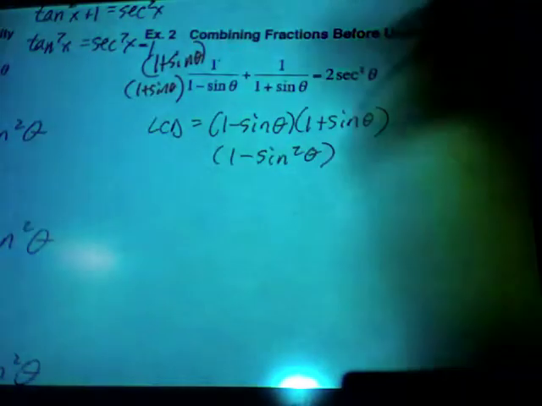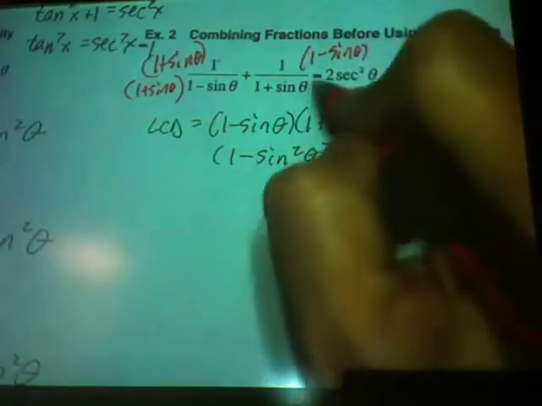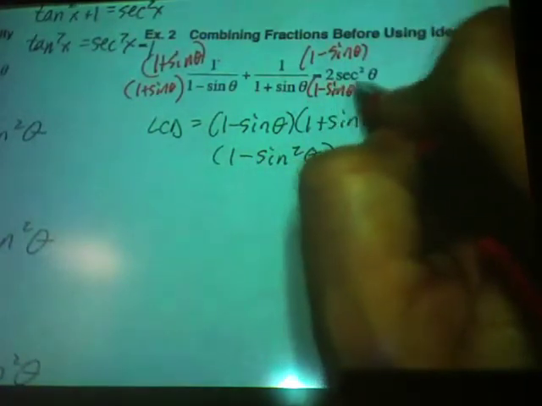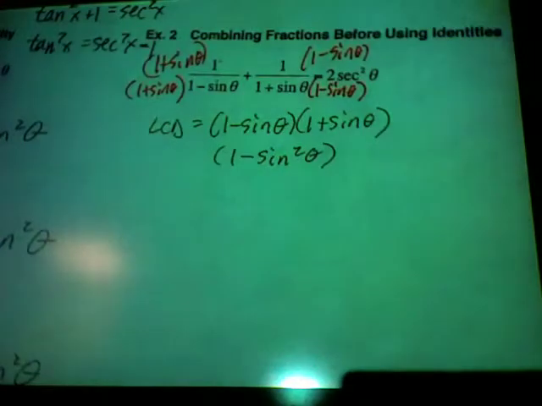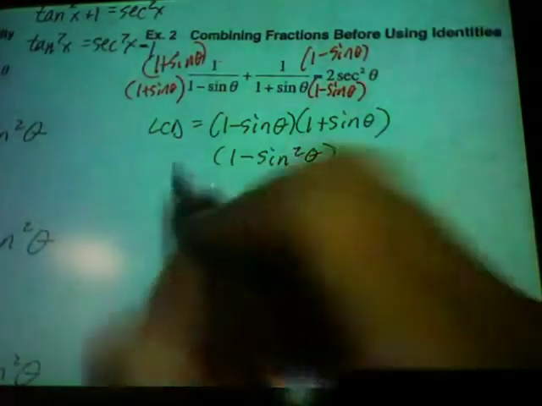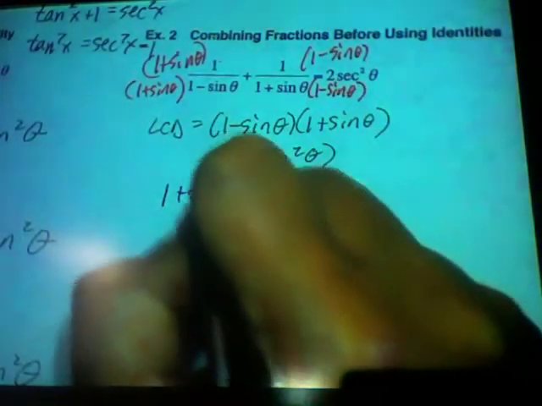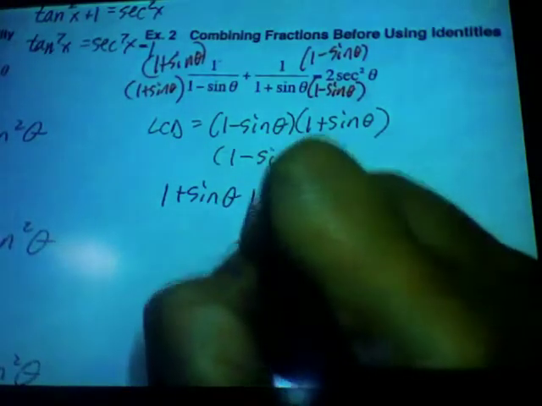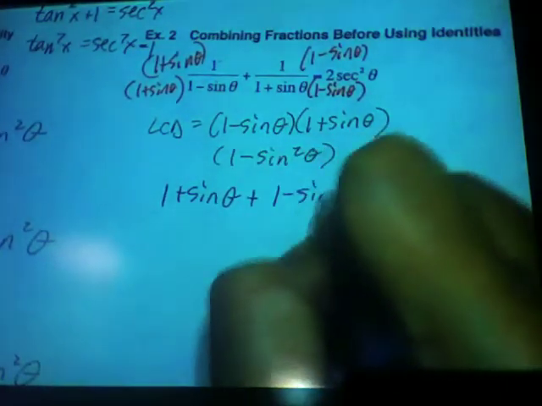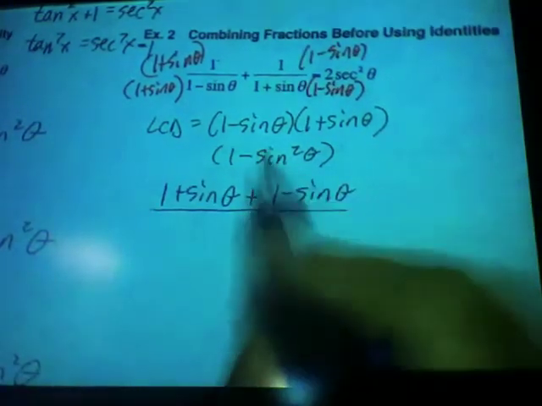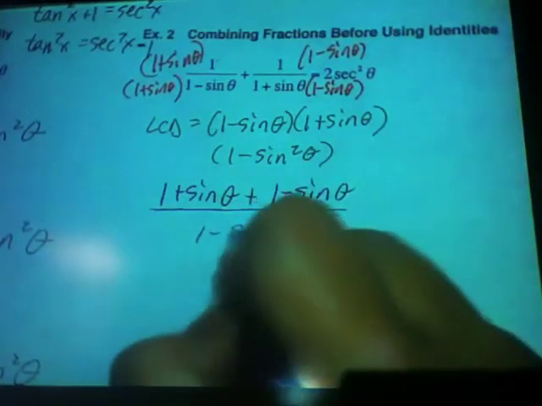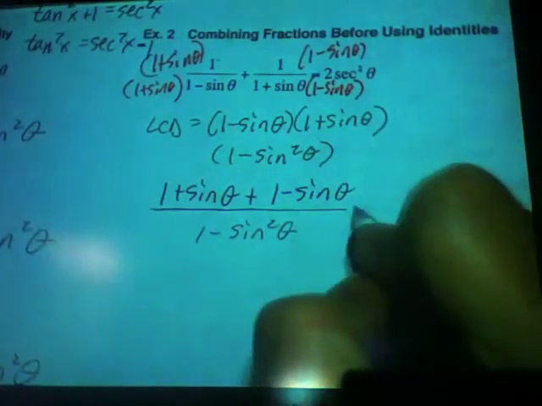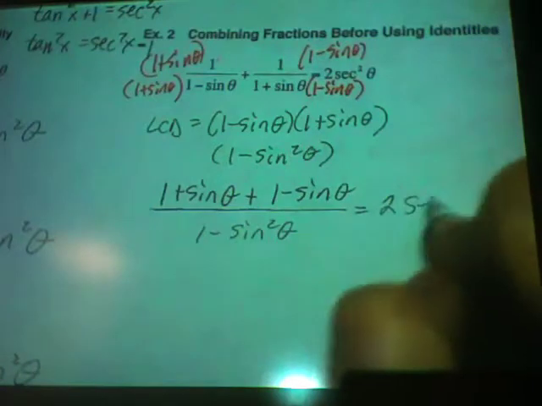And then this one's missing 1 minus sine of theta. So we end up with 1 plus sine of theta plus 1 minus sine of theta all over the LCD, 1 minus sine squared theta, equals 2 secant squared theta.